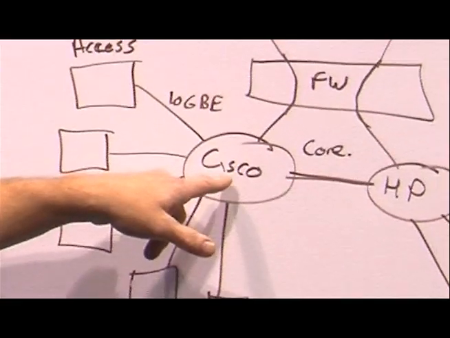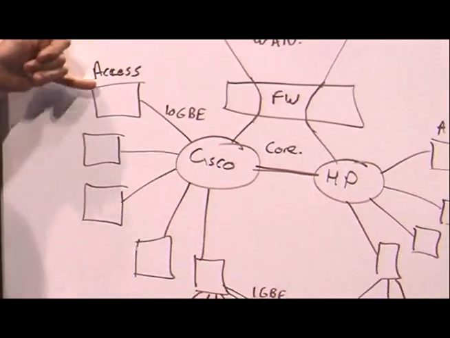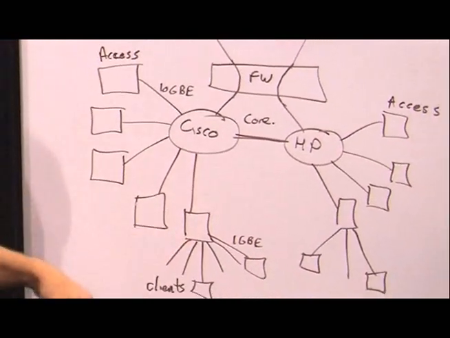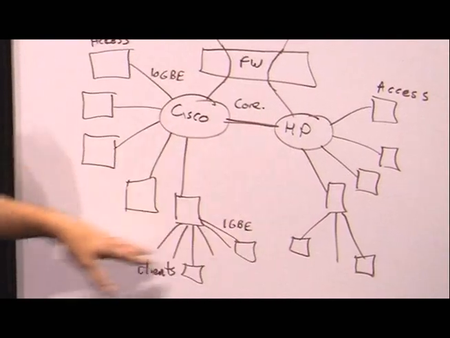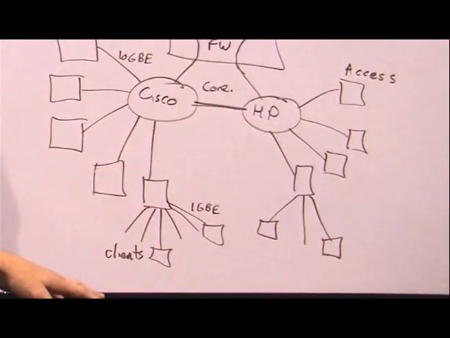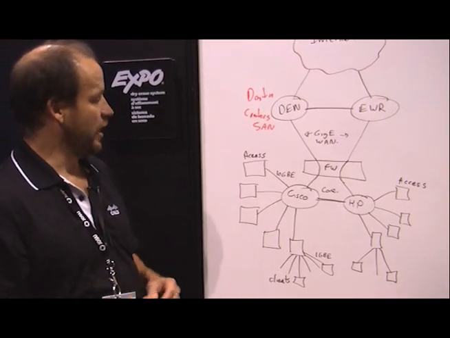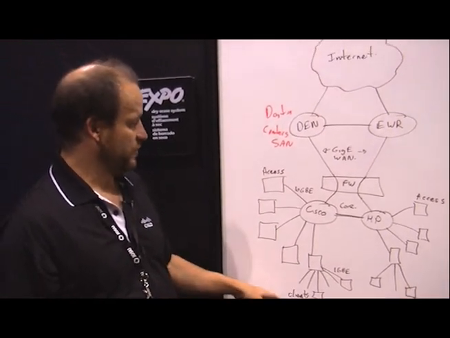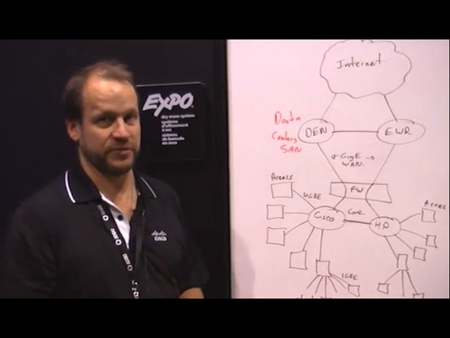So from your core router, you're going to have these riser cables that are going up to the various floors, so floor 1, 2, 3, 4, 5 kind of idea, and then within each individual floor, you would feed off into all the workstations of all the people that work on that floor. So, 48 port switch going to feed 48 different workstations on that floor. So that's really what it looks like from a traditional enterprise perspective.